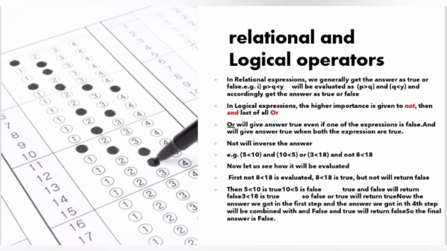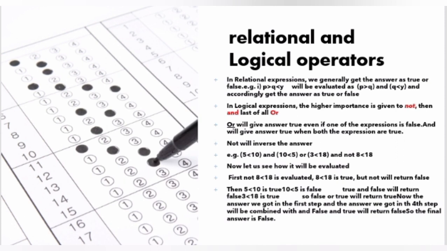Then in case of relational and logical operators, if we write P greater than Q less than Y, they will always return an answer in true or false. So P greater than Q less than Y can be evaluated as P is greater than Q and Q is less than Y. And then accordingly we can find out whether it is true or false.